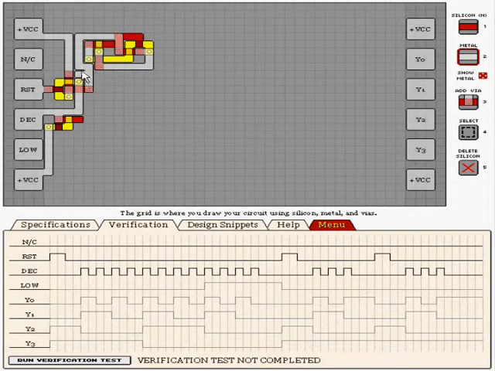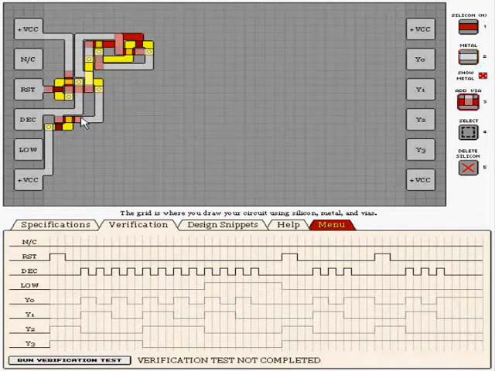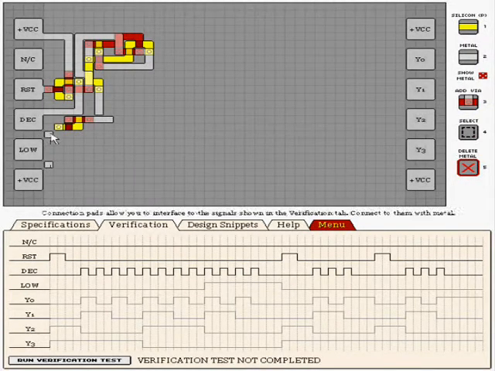Spacing problem. I've got a problem there as well. Got to move that off a bit so we can actually get something into the low signal.